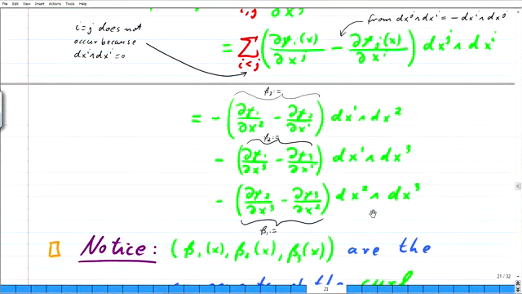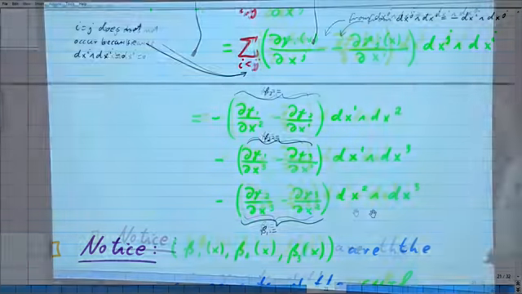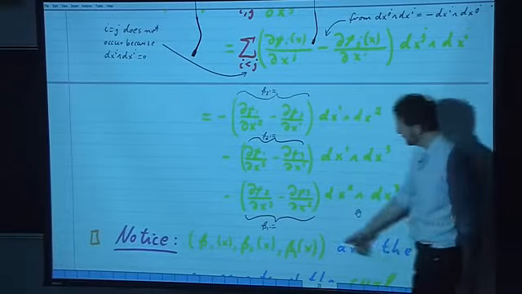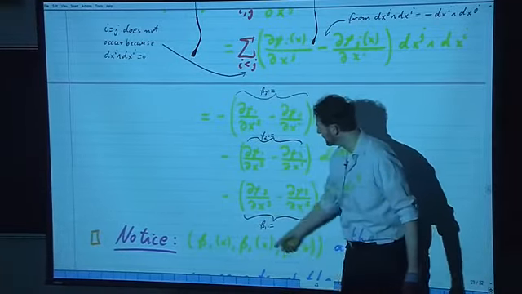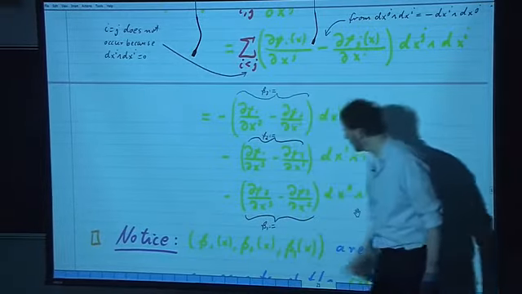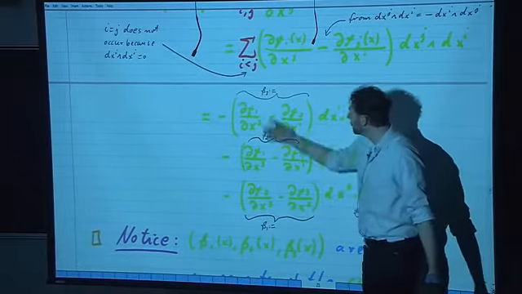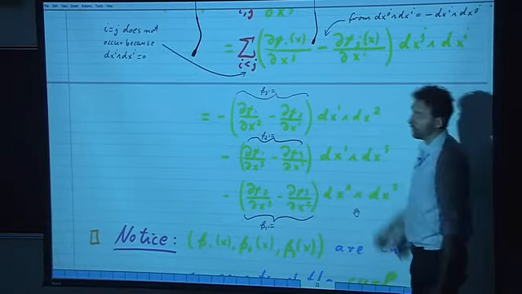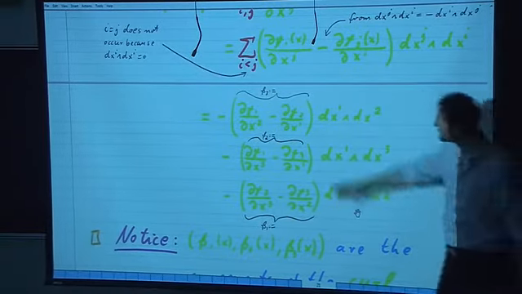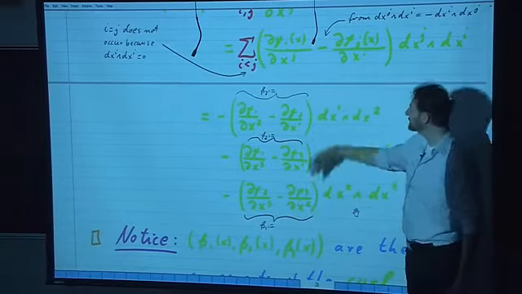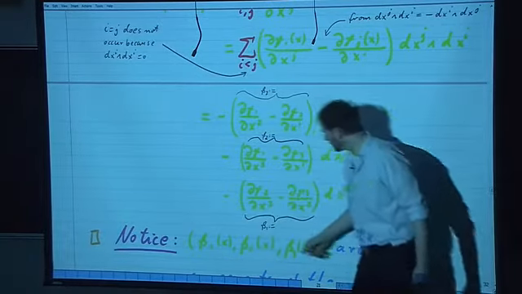In R3, it is convenient, therefore, to bunch them together in a triplet and write it as if they were vectors, as if the beta 1, beta 2, beta 3 were components of a three-component vector. They are not, of course. But they're coefficient functions of a two form. It's convenient to write them as a three-component vector.